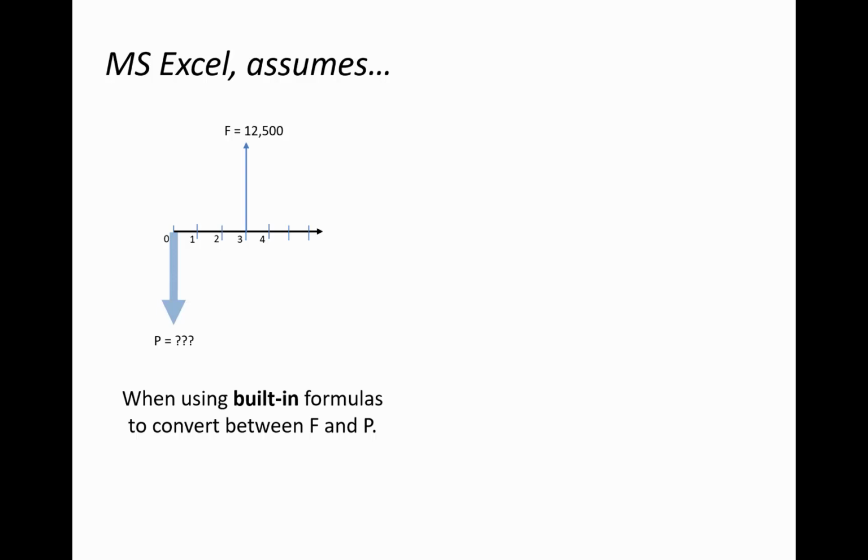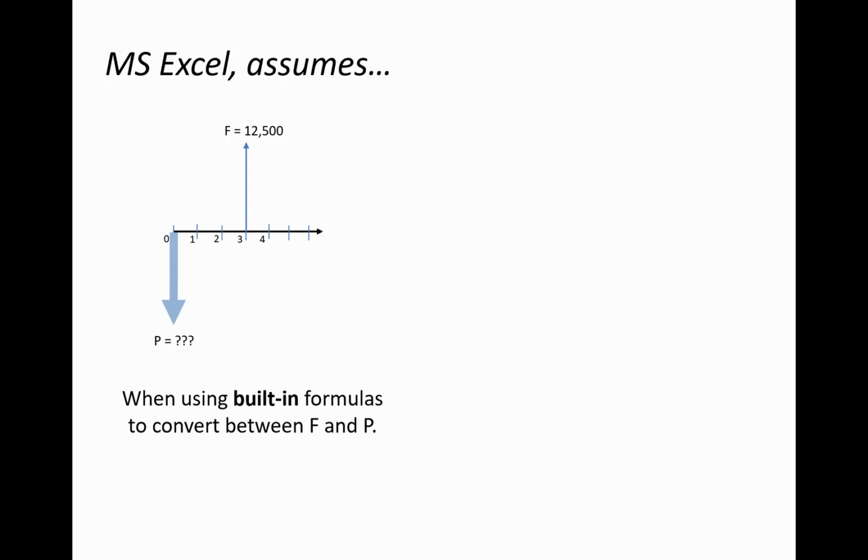Now, when we use Microsoft Excel, one of the tricky things is that it's going to automatically change the sign of many of our calculations because it assumes something. It assumes that if you give it a positive amount, that means it's an inflow to you, and so it's going to be solving for the outflow that would make it equivalent. So using Microsoft Excel's built-in formulas that convert between, for example, a future amount that's given and a present amount that's unknown, it's going to switch the sign.